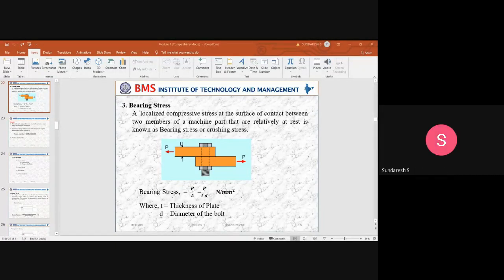SS Bhavikatti is not available online. Better you check Strength of Materials by SS Ratan. Yes, sir, SS Ratan is available. Is that a good book, sir? Yes, very good book. Okay, sir, no problem. Thank you, sir.